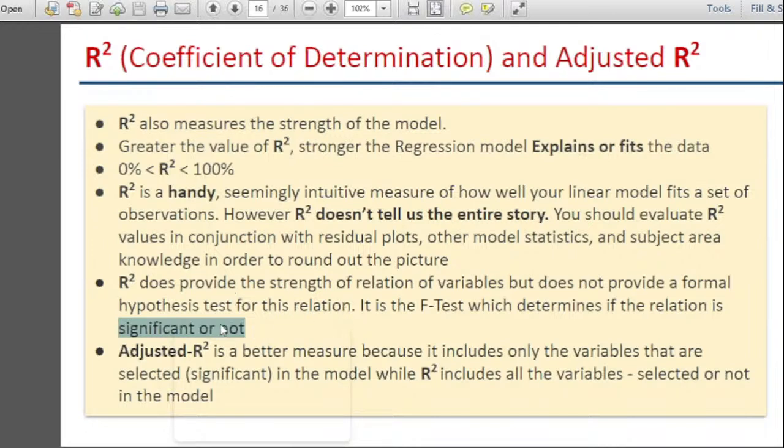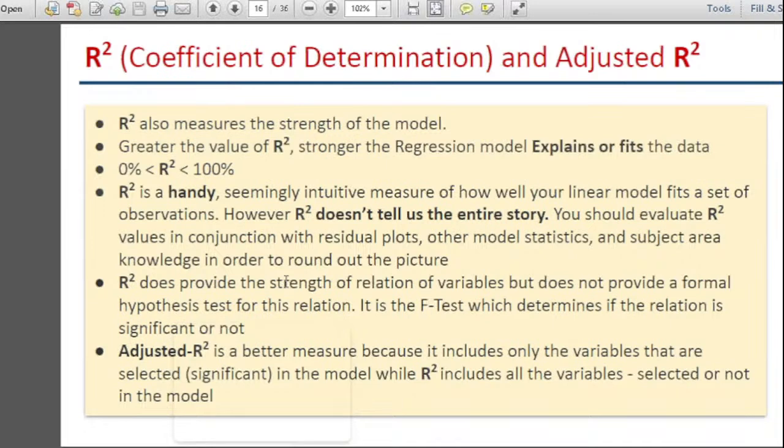So as we bring in significant variables, not all of my independent variables will be significant in constructing a final regression model, right?